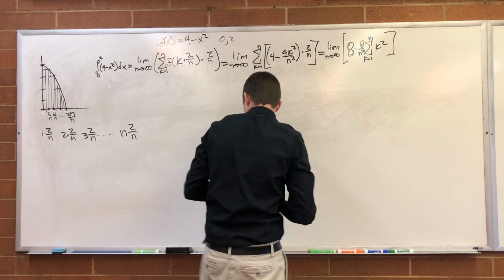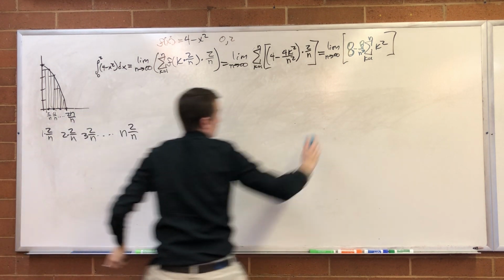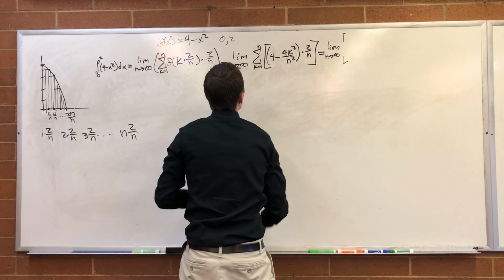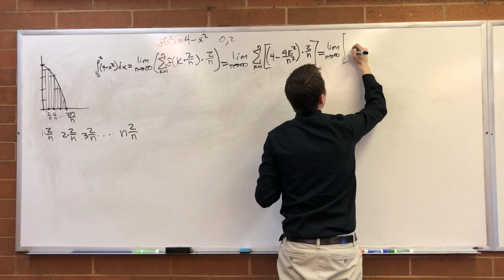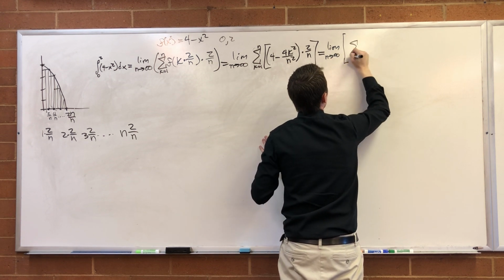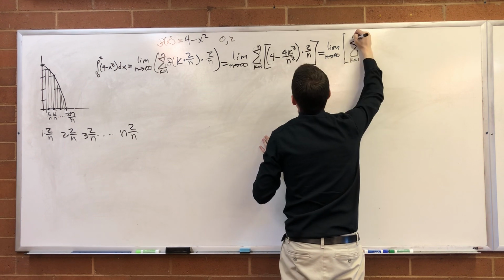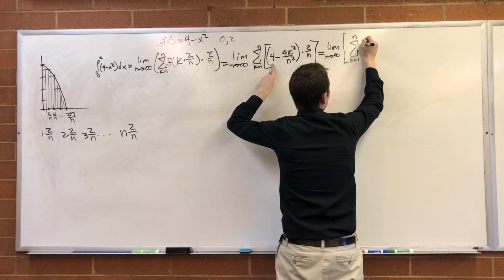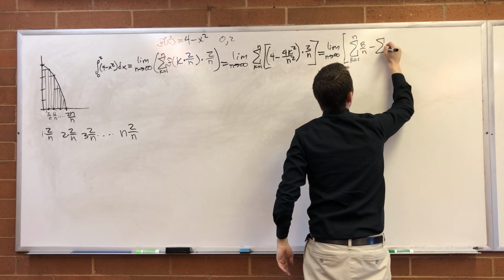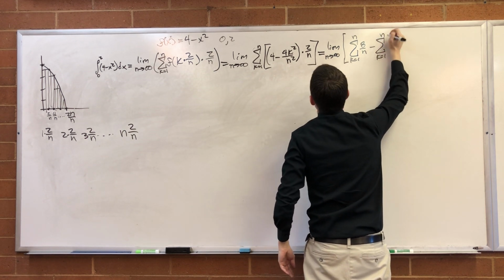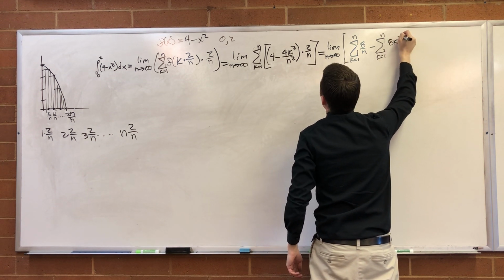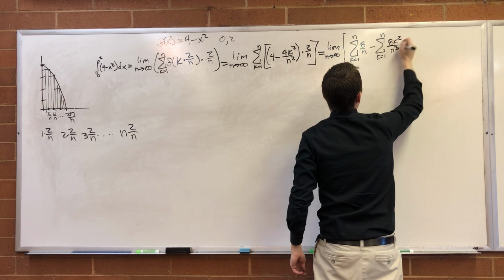Too much in one go, so let's just write this out. We have the sum from k equals 1 to n of 8 over n minus the sum from k equals 1 to n of 8k squared over n cubed.